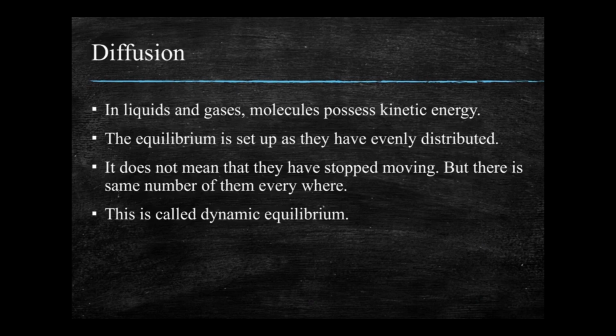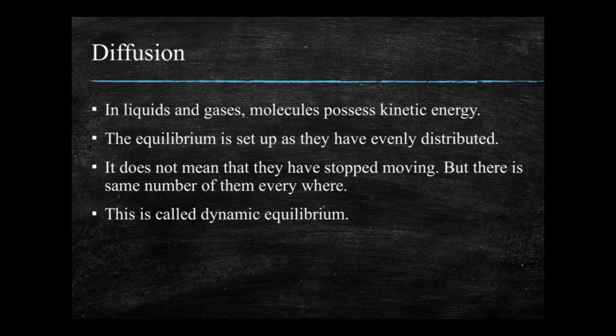When the molecules start moving from one point to another, similarly, the molecules from point 2 move again to point 1. And this movement continues till the number of particles on both sides becomes equal. In this way, an equilibrium is set up as they have evenly distributed.